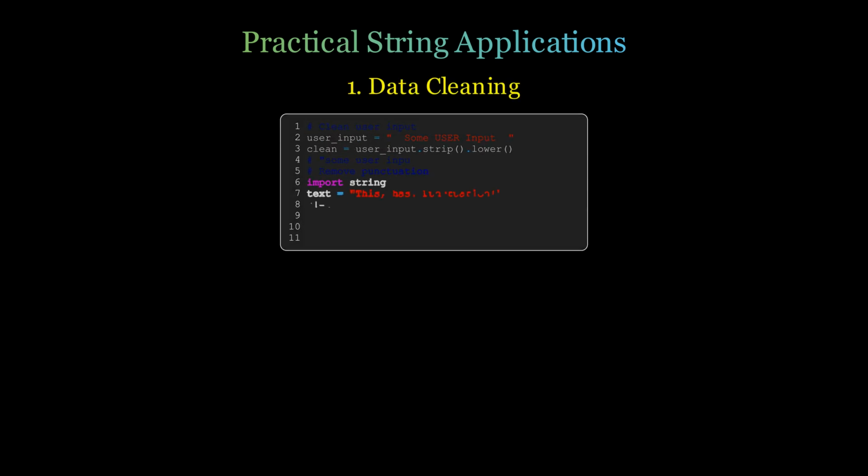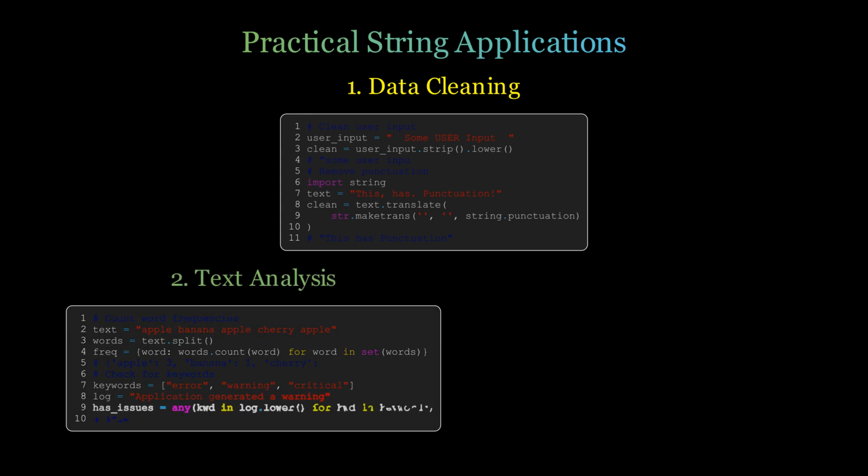Let's look at some real-world applications of string manipulation to solve common problems. First, data cleaning. Strings often need normalization, removing extra whitespace, standardizing case, or stripping punctuation. These transformations make data consistent for further processing.